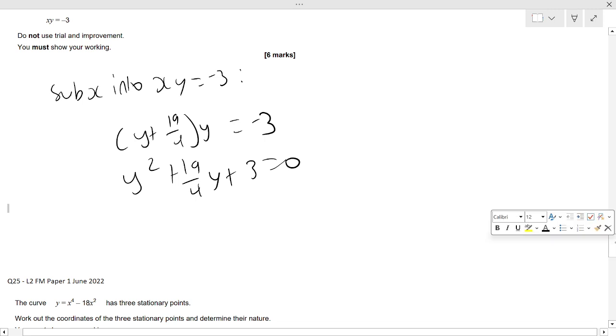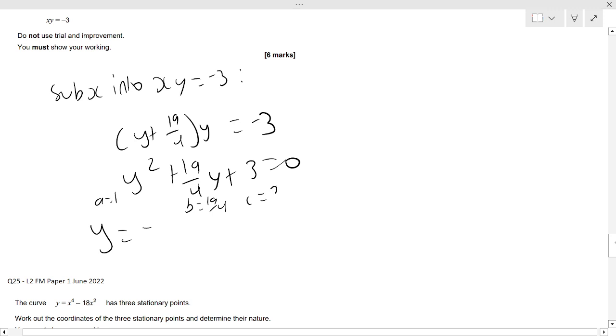Weirdly, I think you are given the quadratic formula on the formula sheet, but you're not given it in normal maths. I find that really weird. But anyway, even if you forget it, you should remember it. So a is the coefficient, which is 1, b would be 19 over 4, and c would be positive 3.